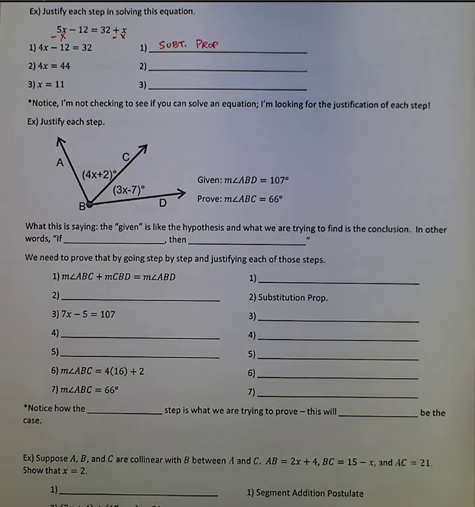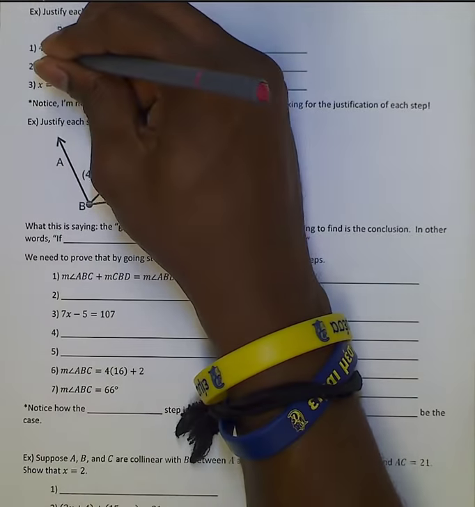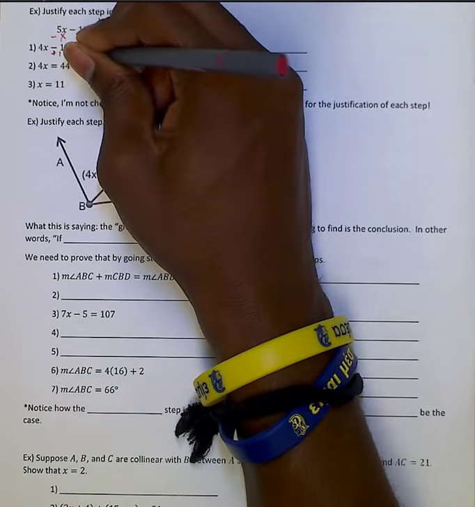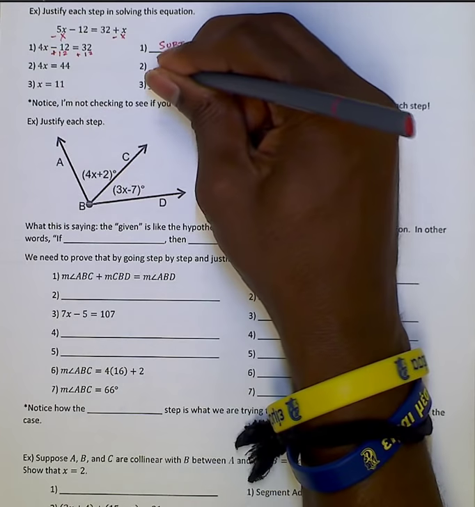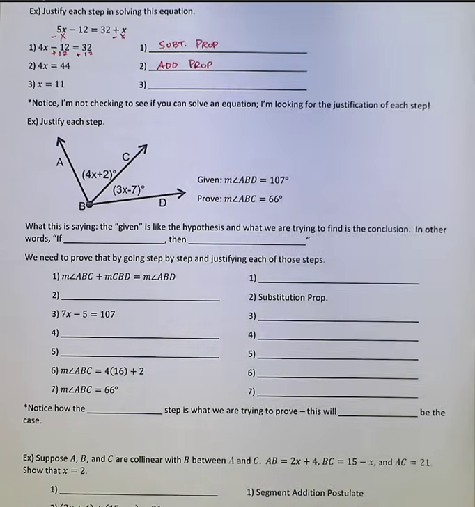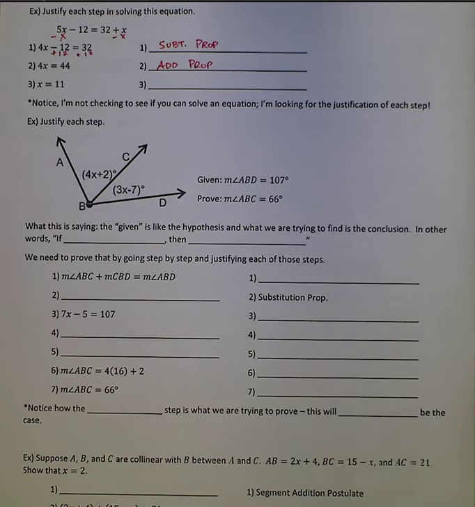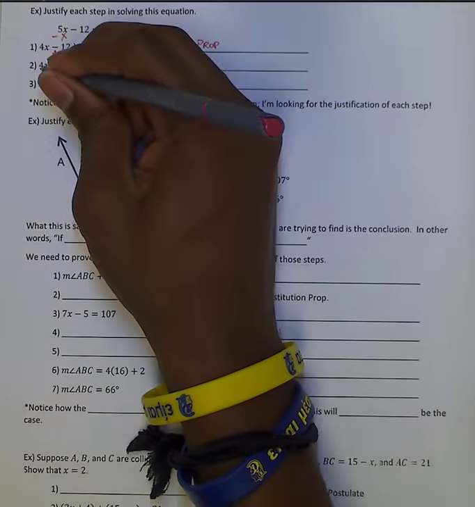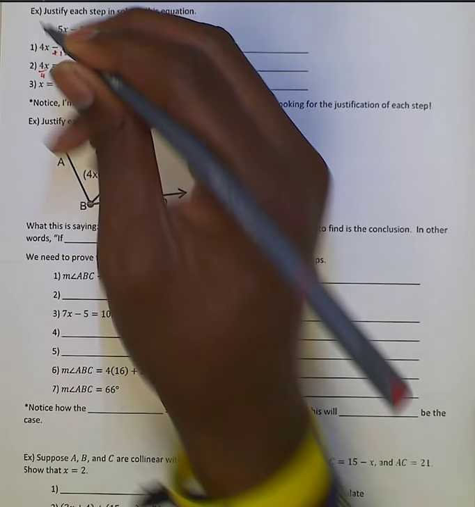Next, how do we get from 4x minus 12 equals 32 to 4x equals 44? Well, I see that this 12 is missing. It makes sense that they added it to both sides. So it's the addition property of equality, but we can just write addition property here. Next, how do we get from 4x to 44? Well, I see that 4 is gone. It was multiplying. We divided it by both. So division property.